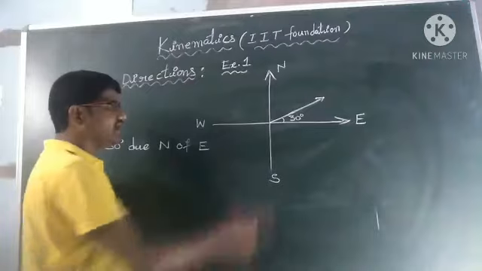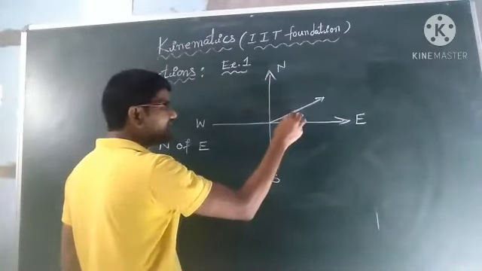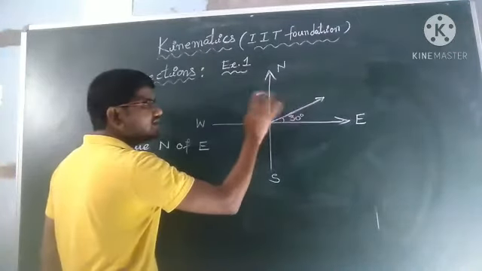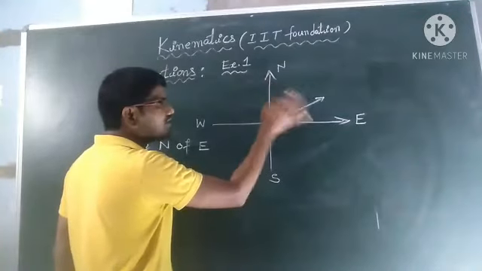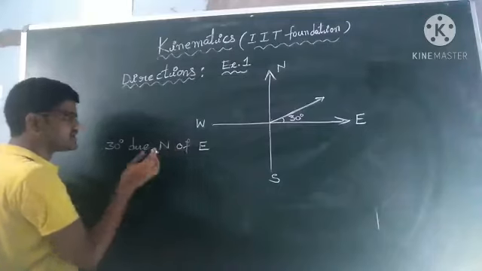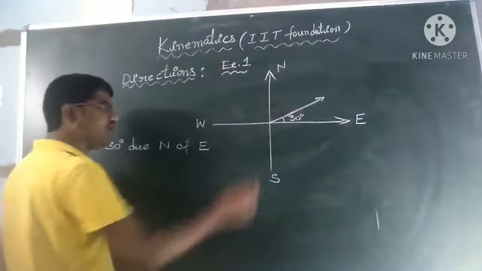You can say with what direction it is making the angle, that should be at the end. See, it is lying in north and east merged, so you are writing northeast. So it means it is making a 30 degree angle with the east.